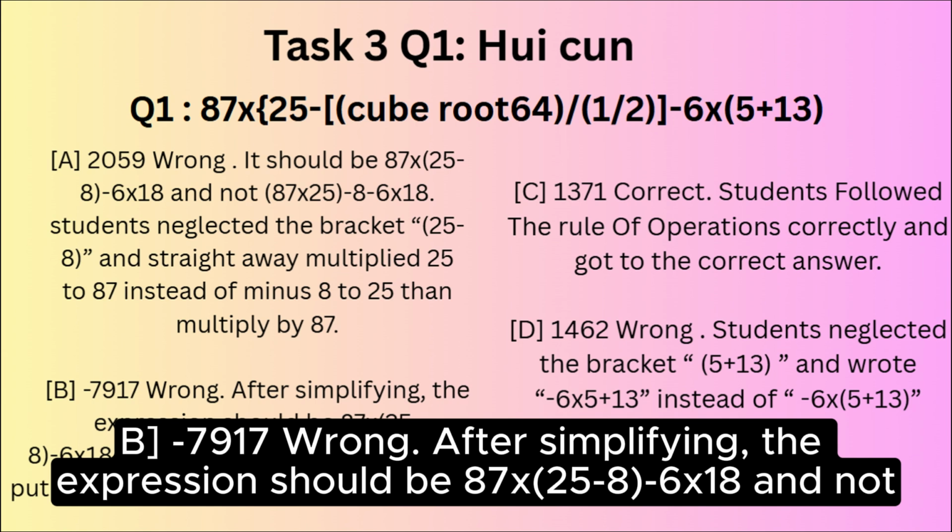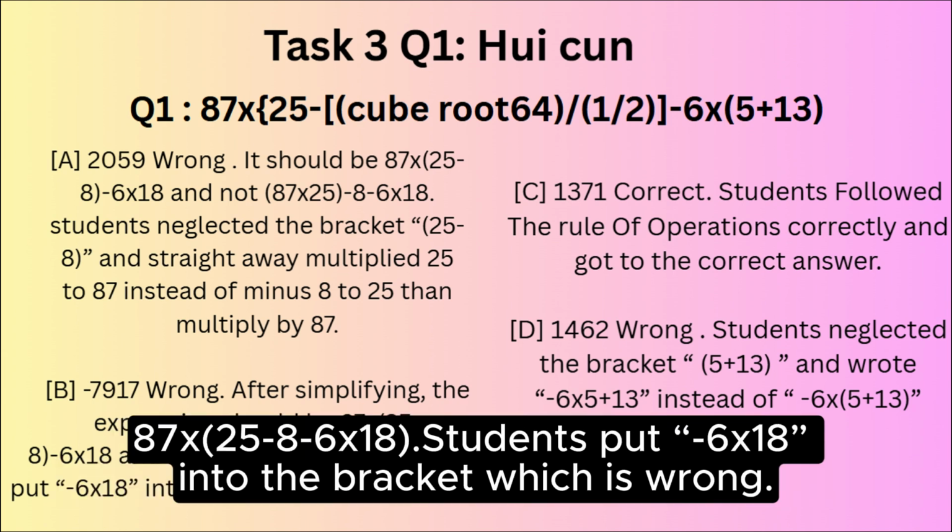B. Negative 7917. Wrong. After simplifying, the expression should be 87 times bracket 25 minus A bracket minus 6 times 18 and not 87 times bracket 25 minus A minus 6 times 18 bracket. Students put minus 8 times minus 6 times 18 into the bracket, which is wrong.